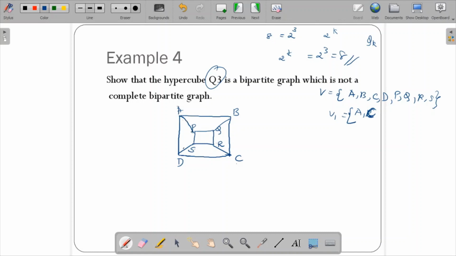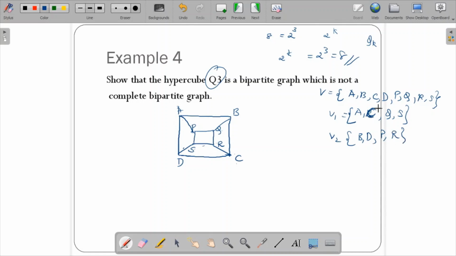So I took C. If I take R, then C and R is connected, right? So I cannot take R. I need to take the vertices which are not connected to C also. So it is Q, S, A, C as one set, and the remaining would be V2, another set, that is B, D, P and R.